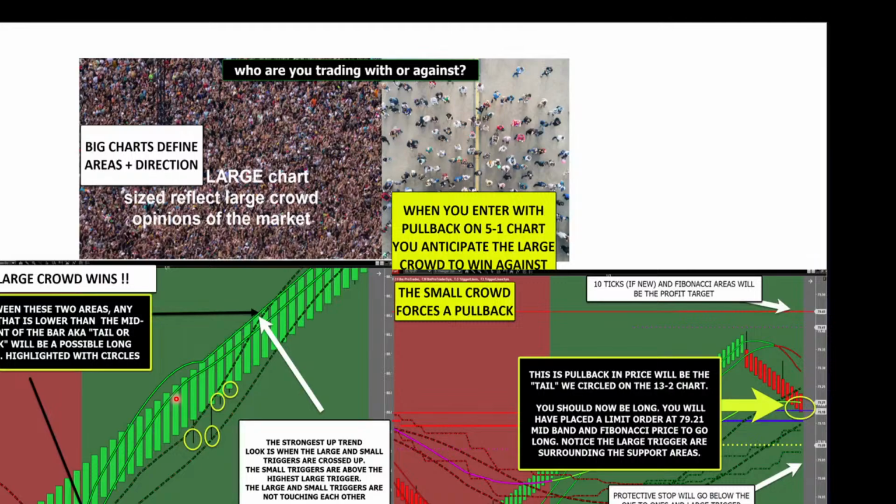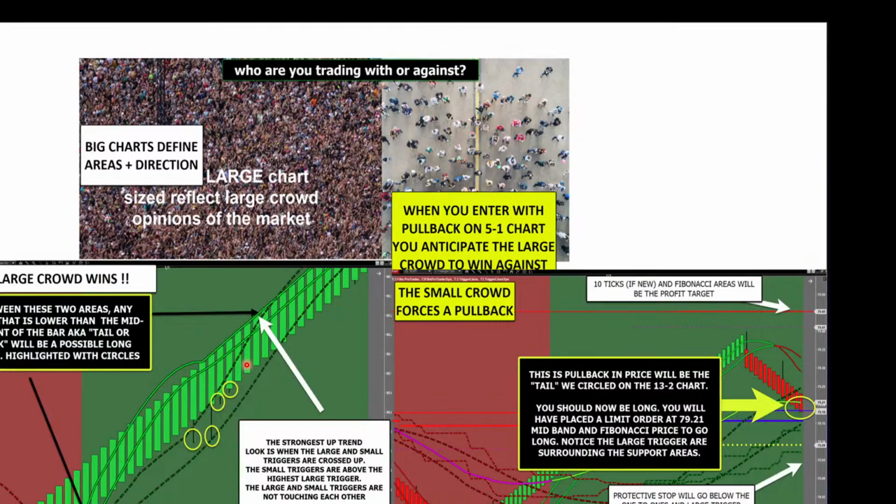Your small chart, I want you to think of them as the small crowd. They still have more money than you. They still have more influence than you. And they create pushes, what we call retracements, these little shoves down when the large crowd wants to go up, or little shoves up when the large crowd wants to go down.